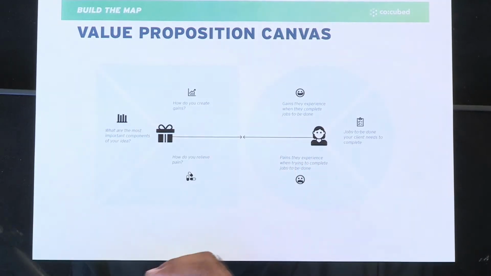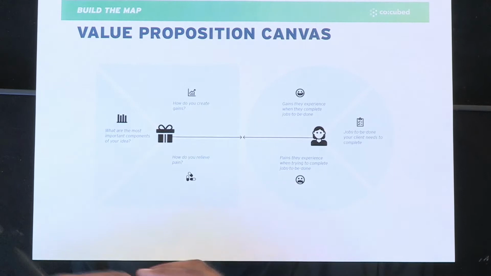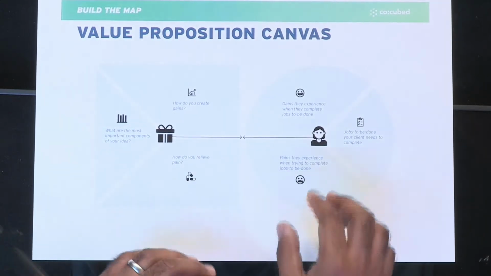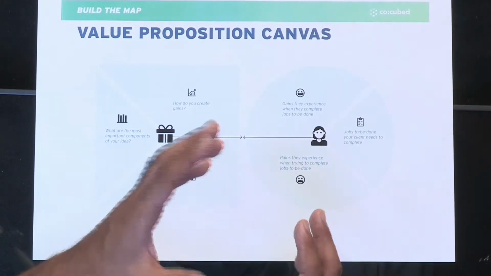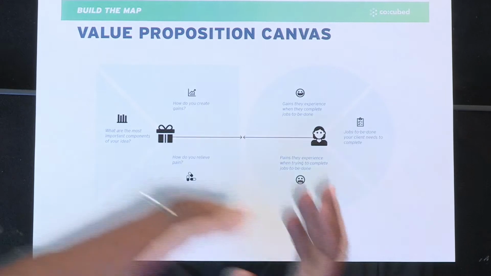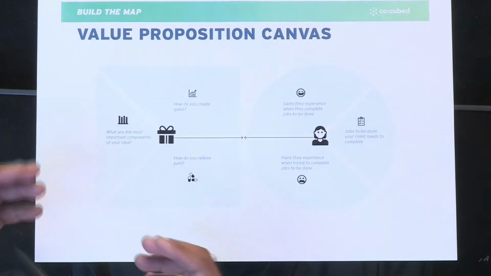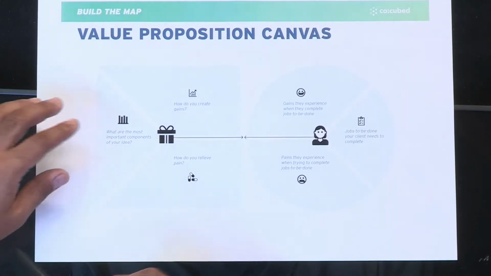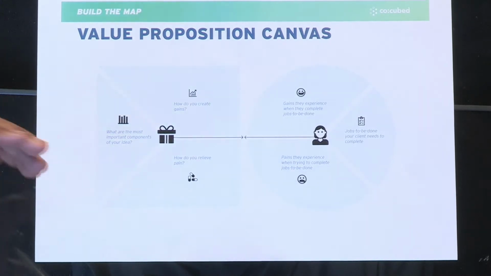But just like there are gains, there are also pains. These are things that they'll find difficult as they go through their journey, and those you're going to list down here. Once you've gone through the jobs and plotted their gains and pains, you're going to move to the left side of the canvas. Over here, we're going to plot down the most important components of your idea. As you're plotting those components down, you're going to be thinking about how do we create gains?